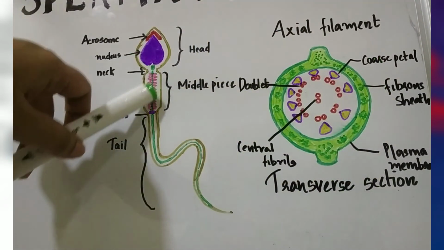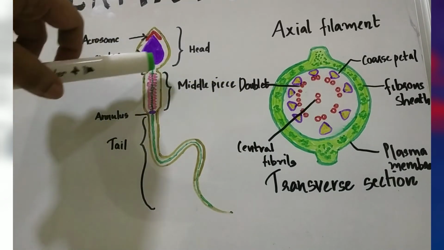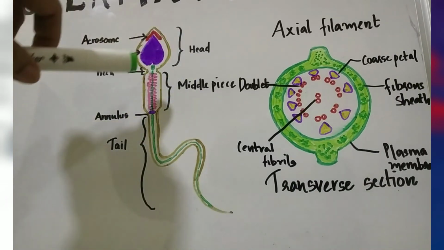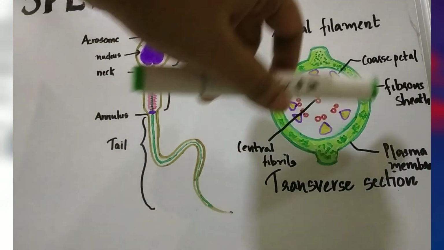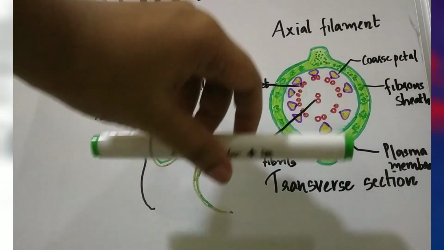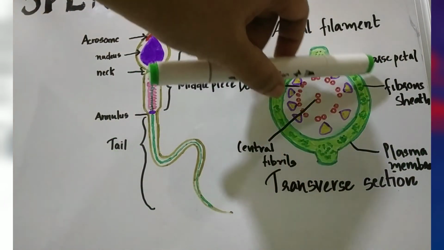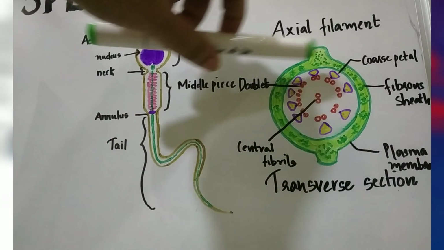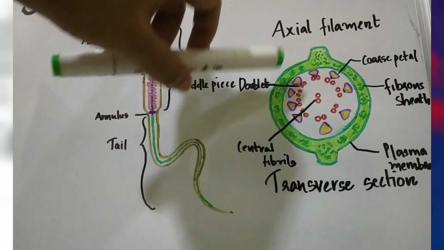In case of the middle piece, you can see that the axial filament is covered by a spiral sheath of mitochondria, and the whole spermatozoa is covered by the plasma membrane. So outside the fibrous sheath is a covering of plasma membrane.